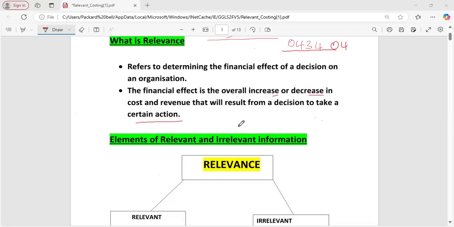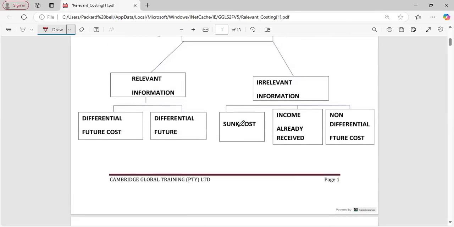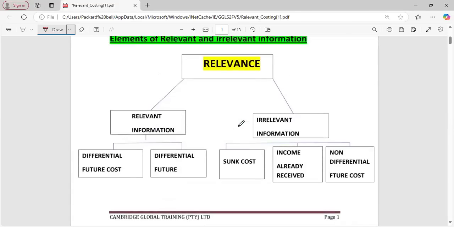Right. So let's check on here. I think this will give us a guide. Relevant information will be a differential future cost or income. Which means if a decision is taken, then the cost is going to increase, so in that case it becomes a relevant cost.